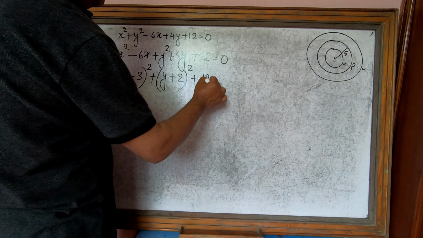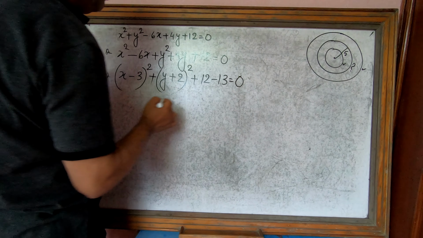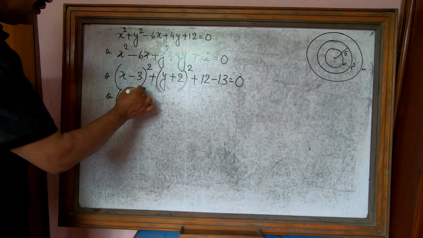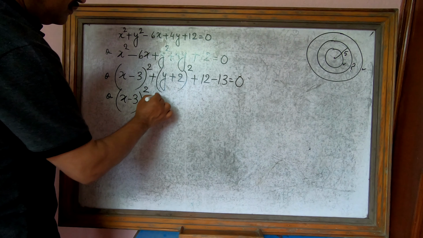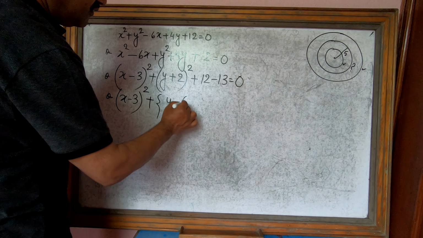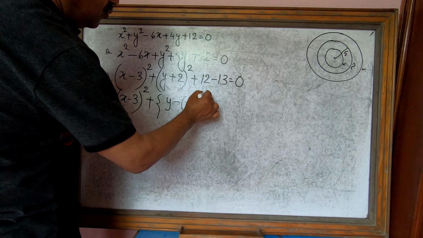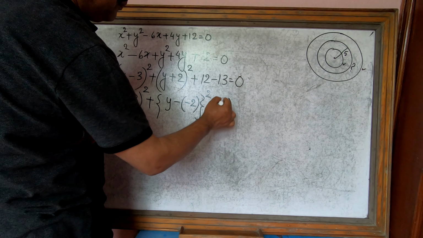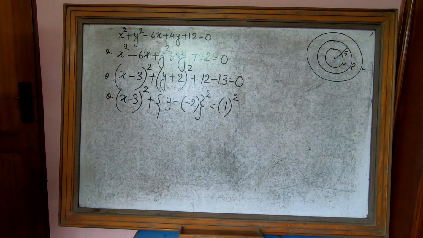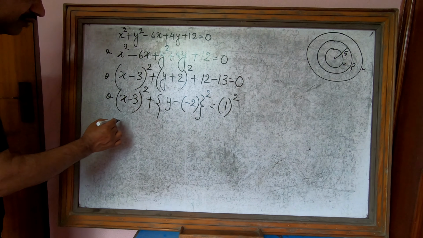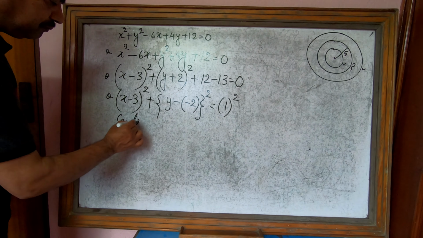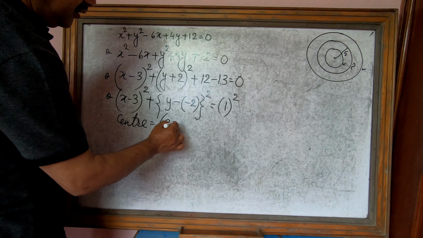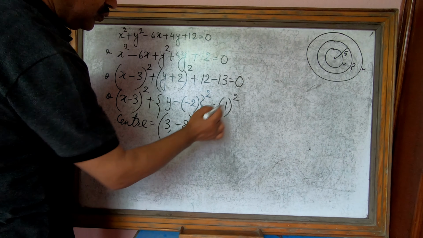So plus 12 minus 13 equals to 0, or (x minus 3) whole square plus (y plus 2) whole square equals to, this is minus 1. When it goes to the right hand side, it becomes 1, which is 1 square. So comparing it with the formula, we have the center at h is 3 and k is minus 2.